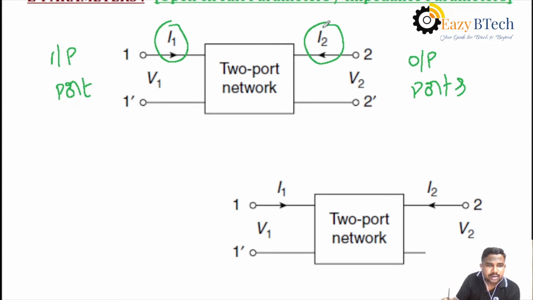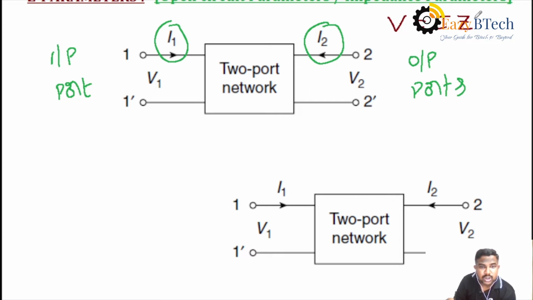Then in general, how to represent the Z parameters? According to Ohm's law, the impedance you can represent from V equal to IZ. That means the voltage equation is in terms of current values. Like that, in two-port networks, we have two voltages, V1 and V2, and two currents, I1 and I2.